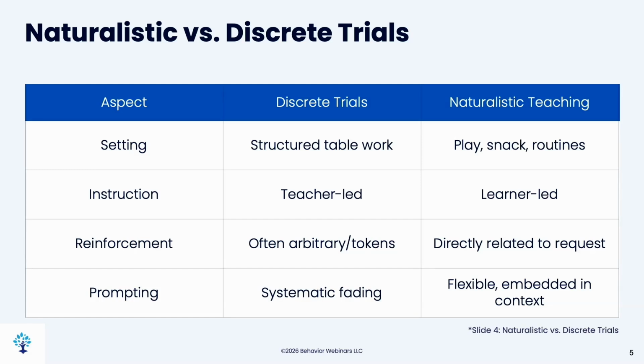So instruction is teacher-led and naturalistic is learner-led. Reinforcement is often arbitrary with tokens, and then naturalistic is directly related to their request. And then with prompting, we're going to systematically fade in discrete, and then naturalistic can be more flexible with prompting.